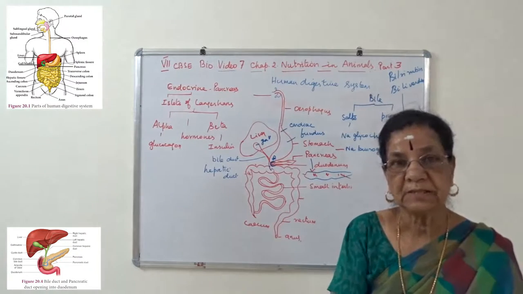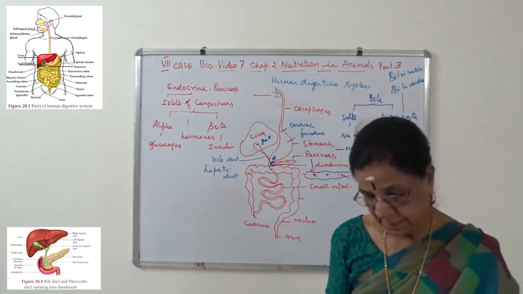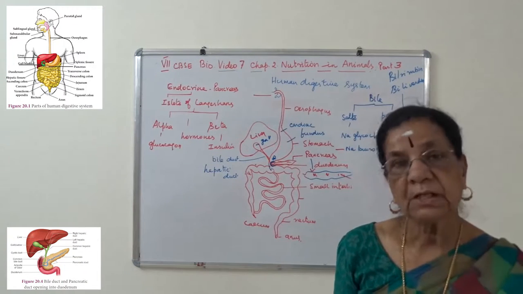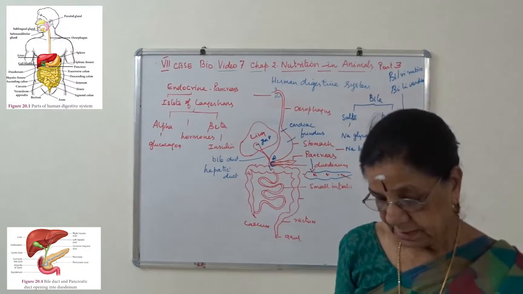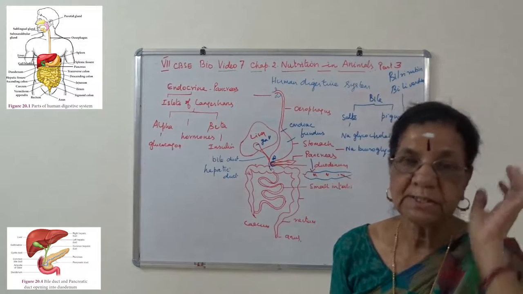I hope you understand. So bile has bile salts, sodium glycolate and sodium taurocholate, and bile pigments, bilirubin and biliverdin.